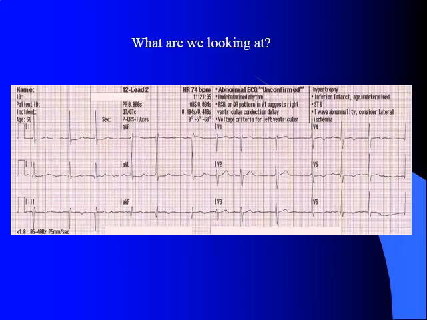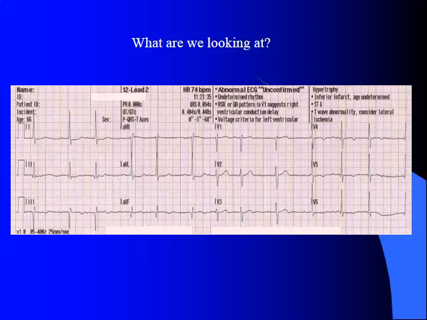Our limb leads are using 2 electrodes, one negative and one positive, to obtain our tracing. And then our augmented voltage leads are using the Wilson central terminal, or the center of the heart, as the negative lead, and then what augmented voltage lead you're looking at will tell you what your positive electrode is.